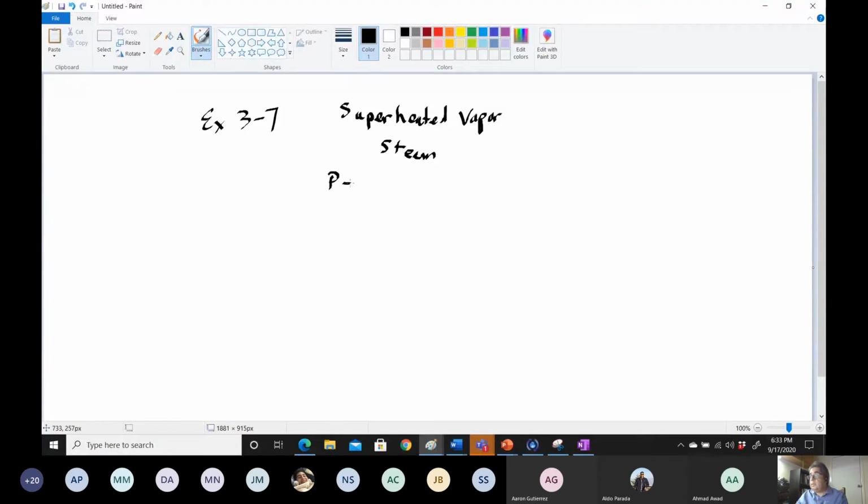The pressure of the steam is equal to 0.5 megapascal, and they give us an enthalpy value, the energy content of the steam, of 2890 kilojoules per kilogram. And we need to find the temperature for this superheated vapor.